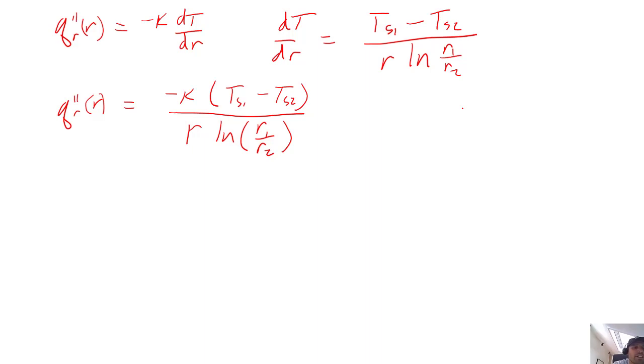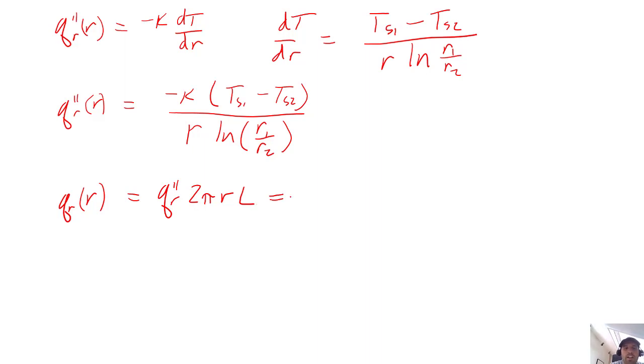So if we wanted to get Q in the R direction as a function of R, then we would take our flux and multiply that by the appropriate area. So the appropriate area would be 2 times pi times R, which is the perimeter around a circle, and then we would multiply this by the length of the pipe.